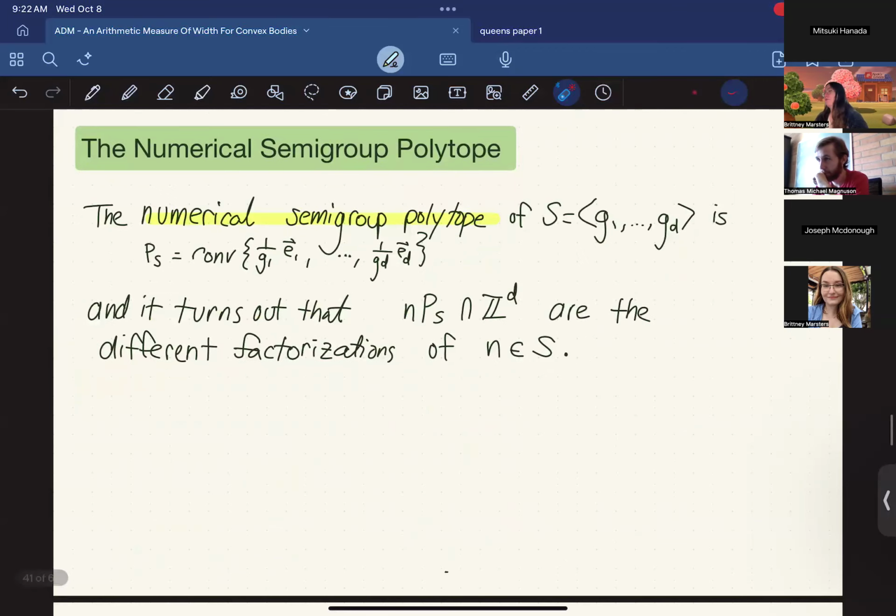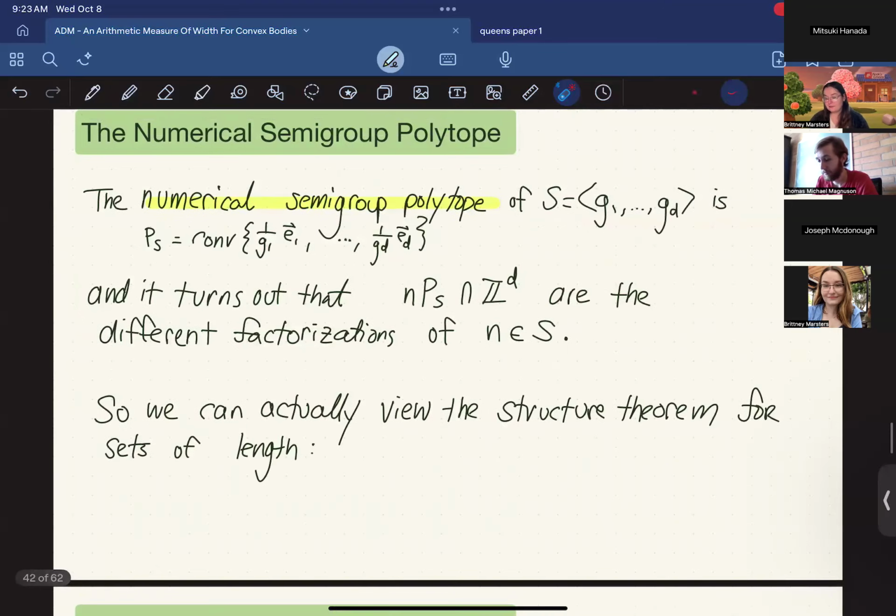So it turns out that the lattice points in the nth dilate of the numerical semigroup polytope correspond to the different factorizations of that element in the semigroup. And that's really nice because now we can take a statement that's in this algebraic setting, look at it geometrically, and see what other conclusions we can reach.